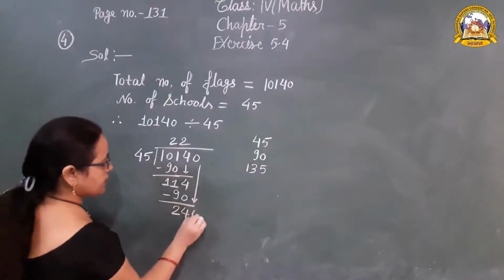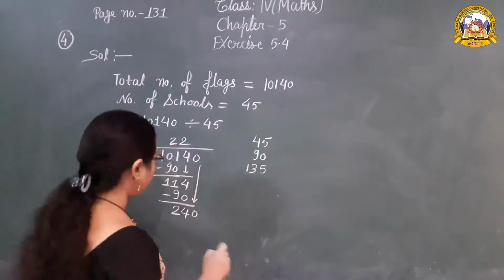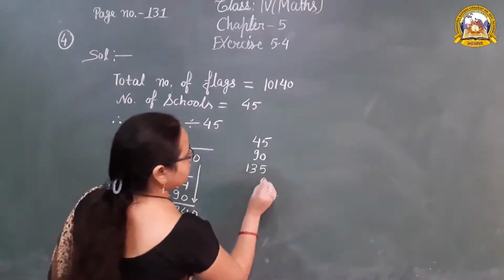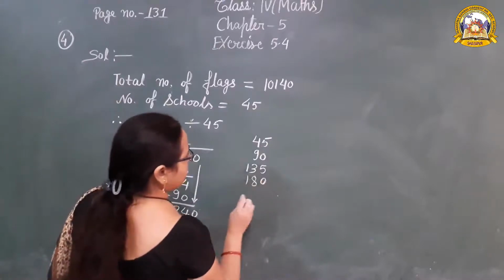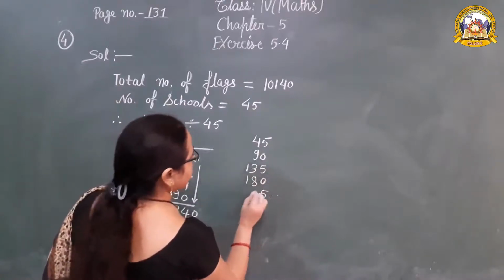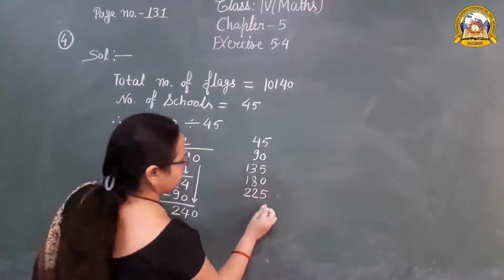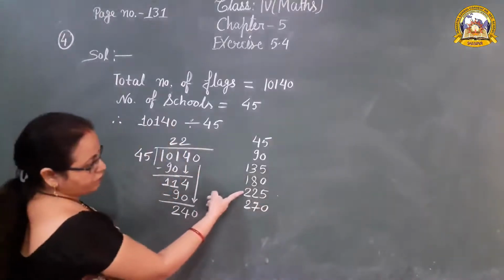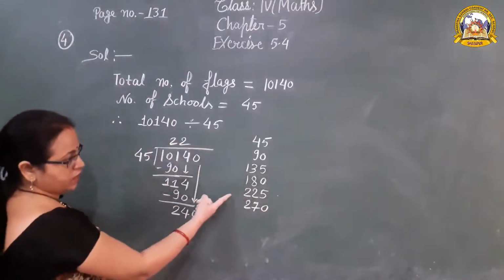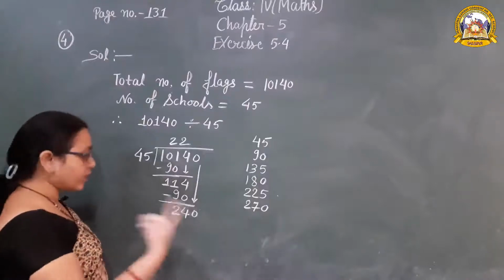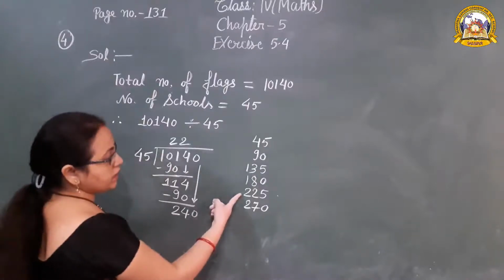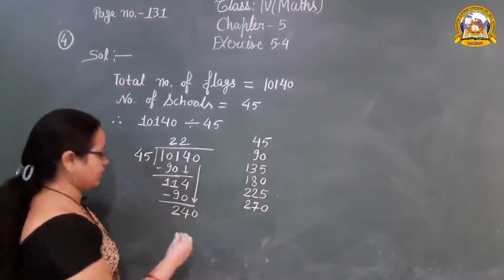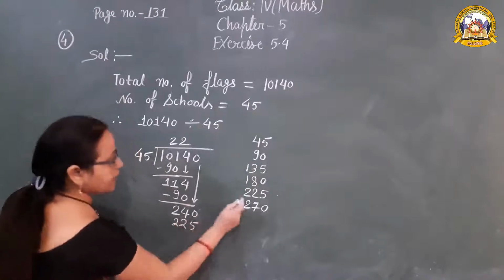Bring down the next digit, that is 0, number becomes 240. Increase the table of 45. How many times? 225, and 270 is more than 240, that is why we take only up to 5 times, 225.